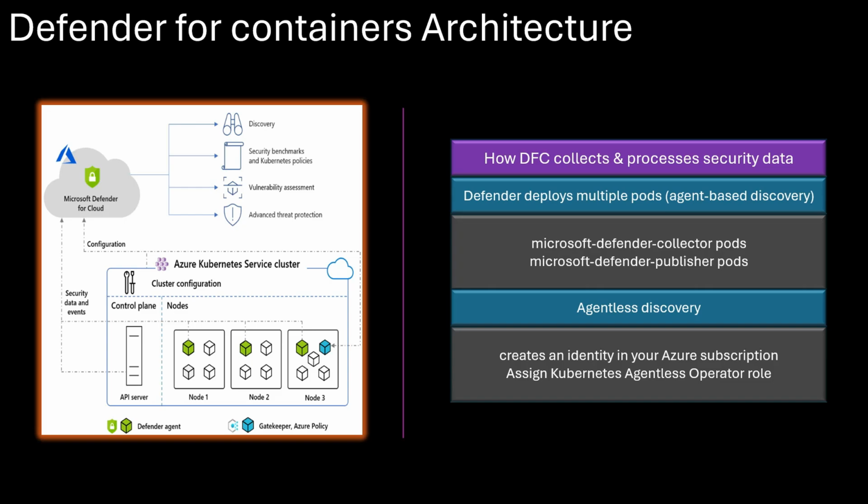If you are managing AKS, agentless monitoring reduces complexity and provides seamless security insight. Whether you are running Kubernetes in Azure, AWS, GCP, or on premises, Defender for Containers will help you detect vulnerabilities, enforce compliance, and stop attacks before they impact your environment.